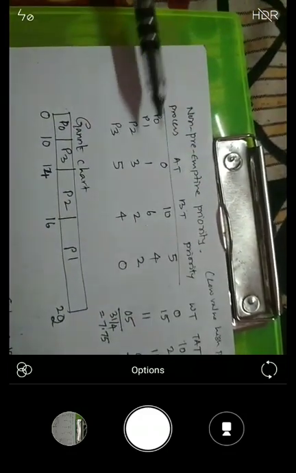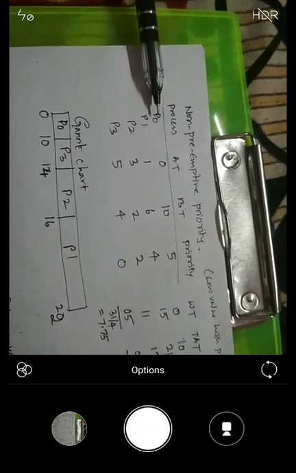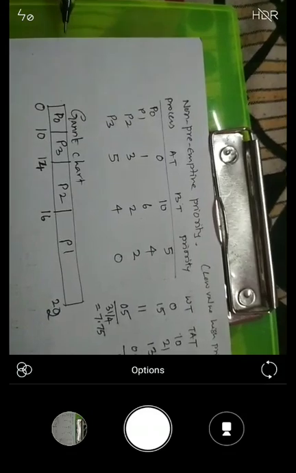However, at the 0th second only P0 has arrived, and no other process has entered the system, because P1 arrived at the first second, P2 at the third second, and P3 at the fifth second. By taking the arrival time into account, we have to see which processes have entered the system at a given point in time and what their respective priorities are. Now P0 has the lowest priority, value 5, but at the 0th arrival time only P0 has entered the system, so we shall start with the execution of P0 at the very beginning. Keep that concept in mind.